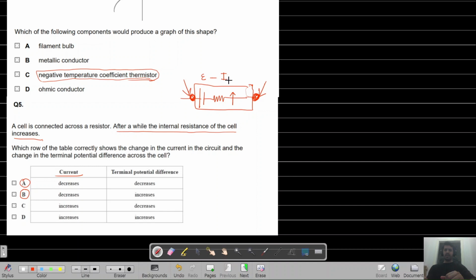We call it I times small r, and whatever is left will be the terminal voltage, right? This VT is the terminal voltage. So if you increase the resistance, internal resistance, this potential drop will increase. That means that the terminal potential difference that you will get here at these terminals will be smaller, so it will decrease. You can see it's option A.